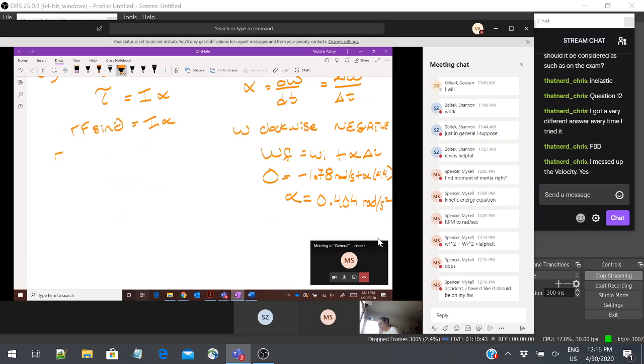So let's do this by torque, which is going to be my I, kilogram meter squared, times my alpha, radians per second squared, and I end up with 0.367 kilogram meters squared per second squared, which is a Newton second, not a joule. Got to be careful, right? And then that is equal to, not a Newton second, a Newton meter.